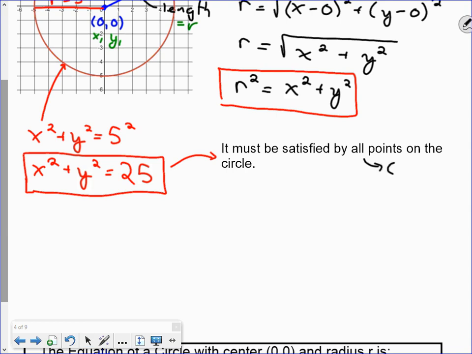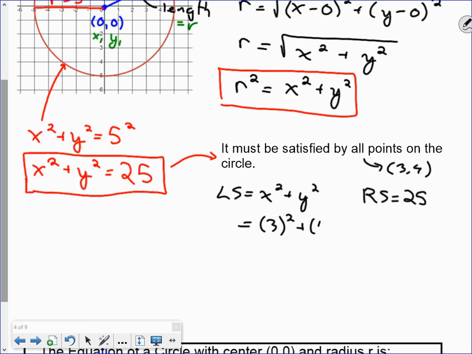So if the point we're choosing is (3, 4), our left side is going to be x squared plus y squared, and our right side is 25. Subbing in our value for x, 3 squared, and our value for y, 4 squared, we get 9 plus 16 is 25.